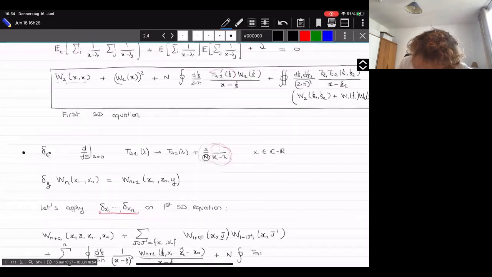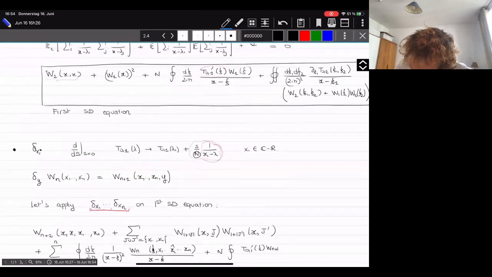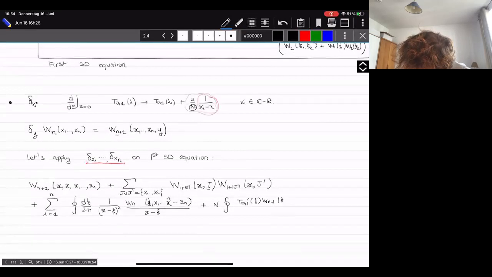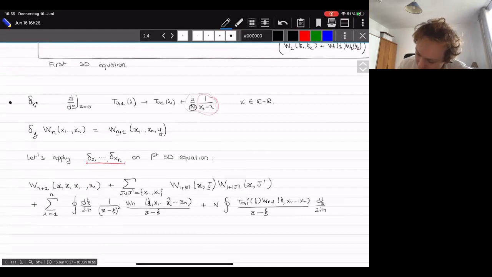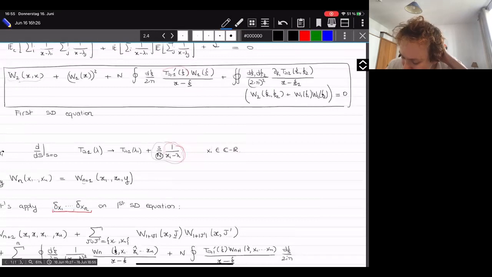And then you have the other term where you apply all your derivations on the W1. So this is T01 prime psi Wn plus. So how many x's did I have here? I just had n. Here I started with 1 and I apply n times, so I increase by n, so I get Wn plus 1. So we get this. And then when I go to the next term, here, this T02, it's independent of T01, so you don't have to use the derivations on it.